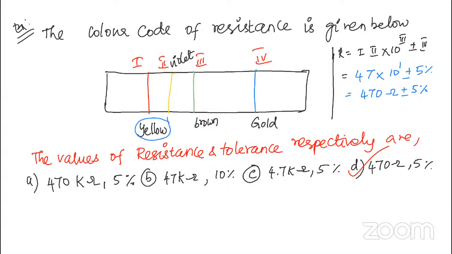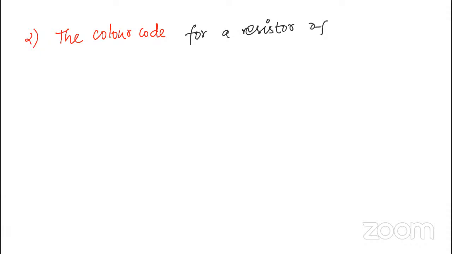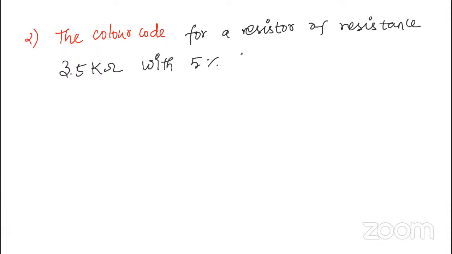Okay, next, second one. The color code for a resistor of resistance 3.5 kilo ohms with 5% tolerance.